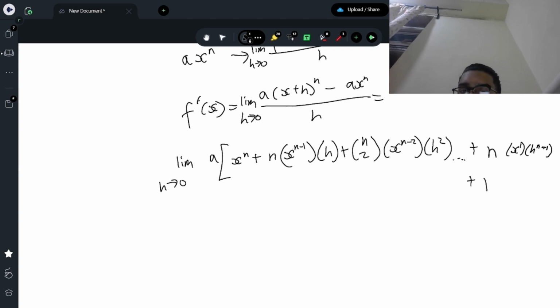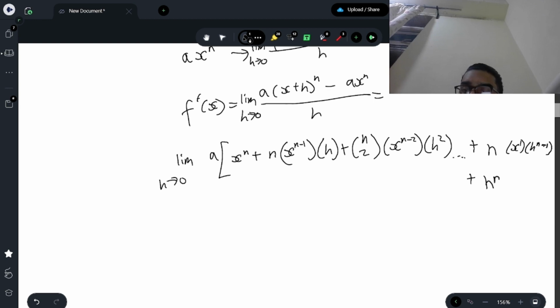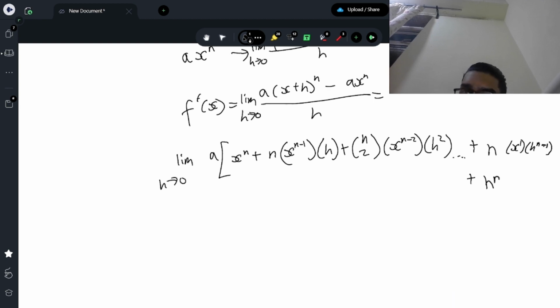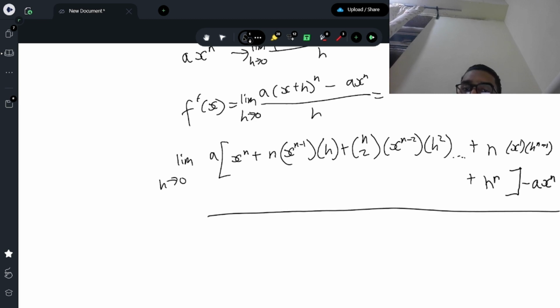Yeah, so plus 1 times x to the 0, which is 1, so we can ignore that, times h, so just h to the power of n. Okay, all this minus a x to the power of n, all over h.